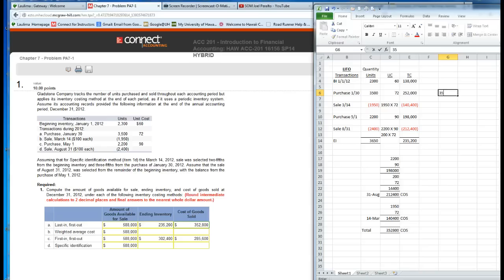So if we started out with 3,500 and sold 200 in August, and then sold another 1950 in March, then that would give us 1350 at 72 left, plus the 2300 in the beginning inventory at a unit cost of $60. So why don't we put this up here, ending inventory in units.